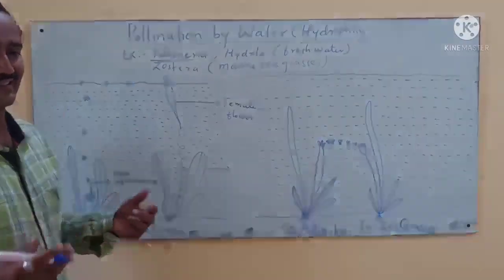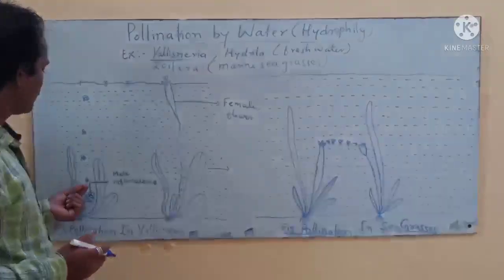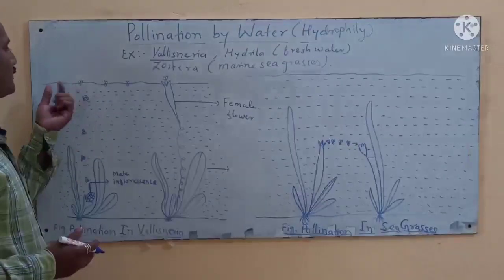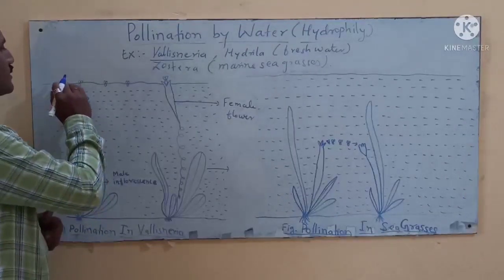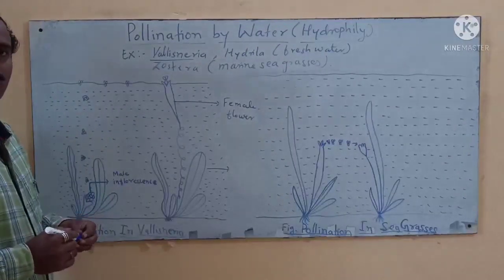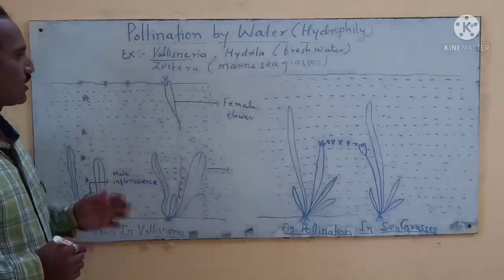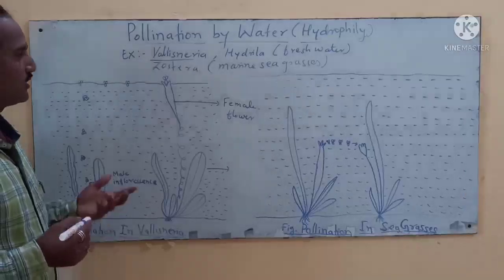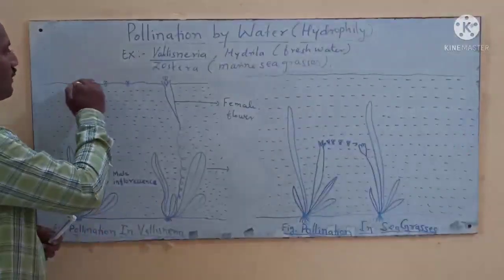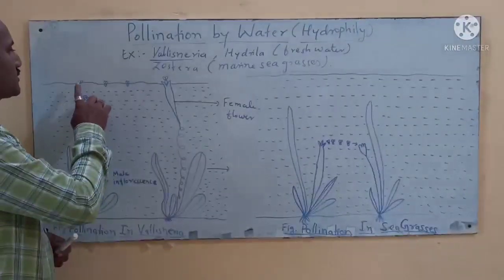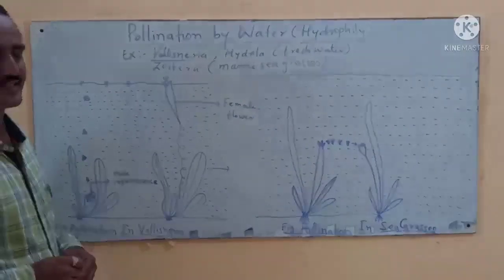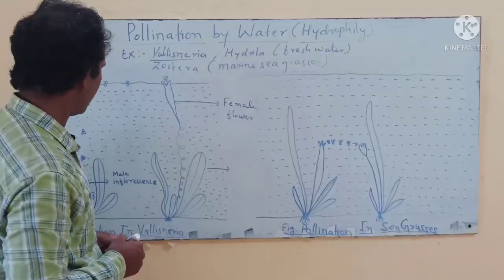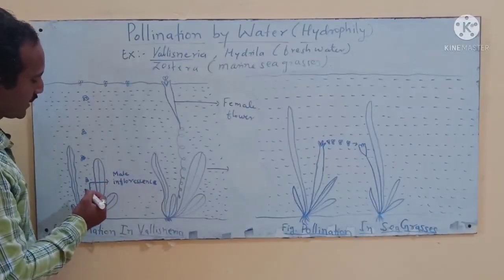As soon as the anther descends, the male pollen grains come out to the surface of water, and move through the water current towards the stigma. When a pollen grain reaches the stigma of the female flower, pollination takes place.